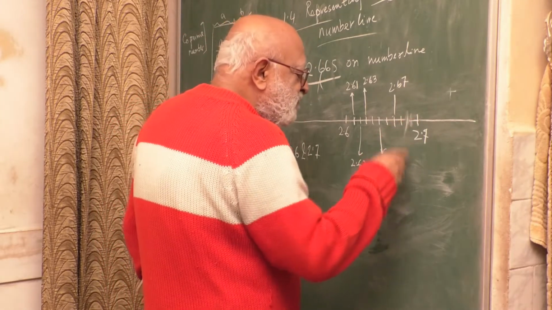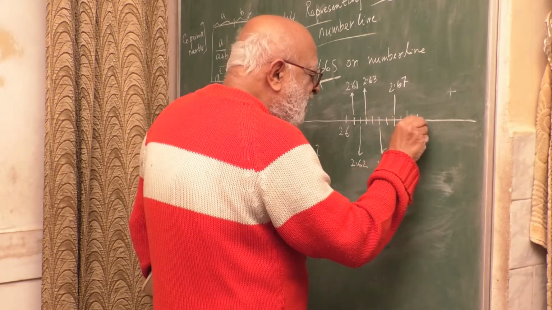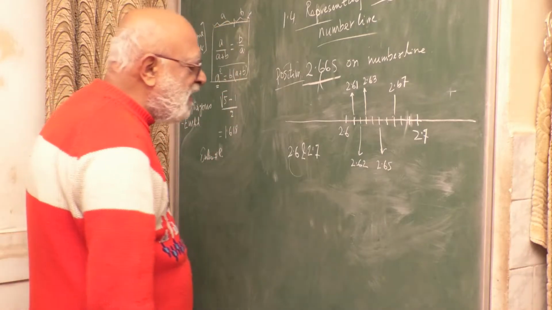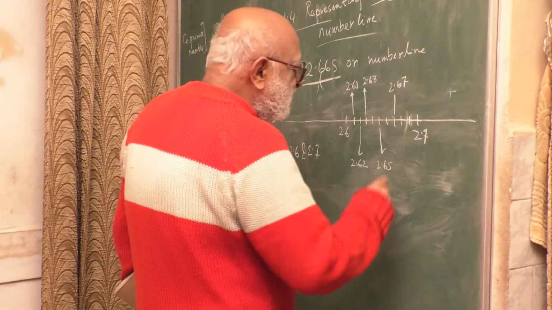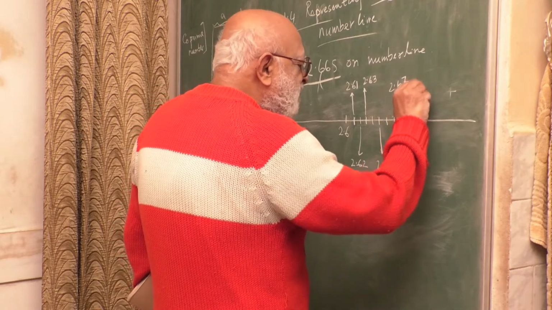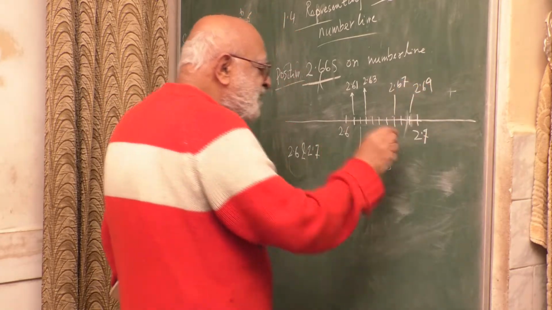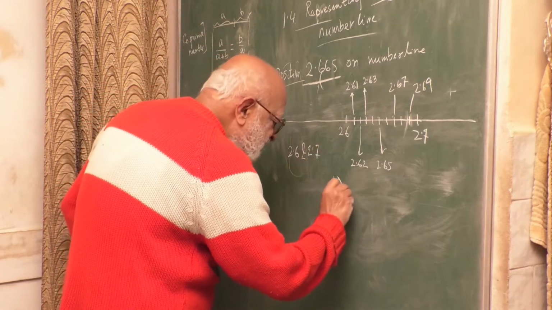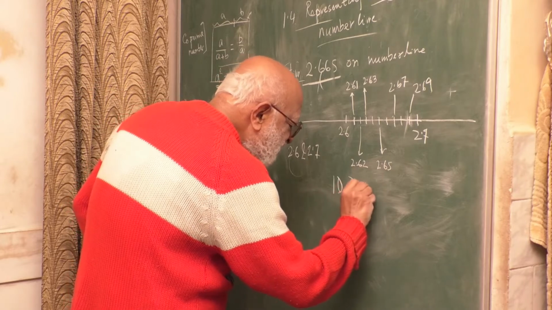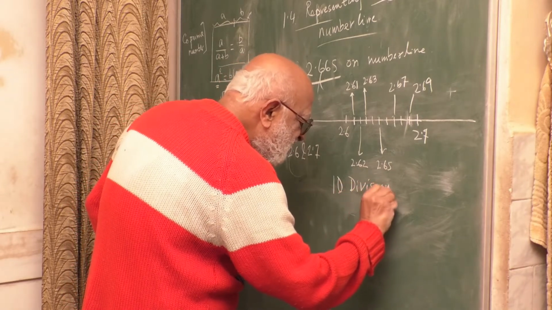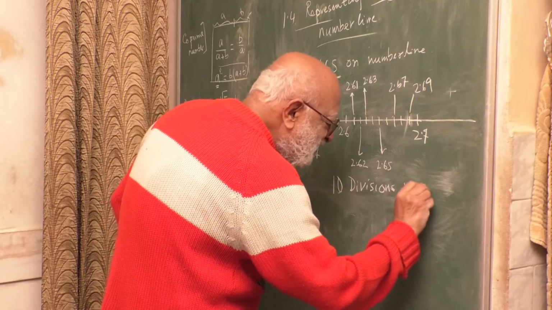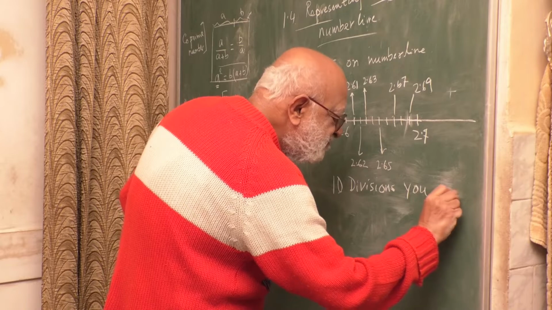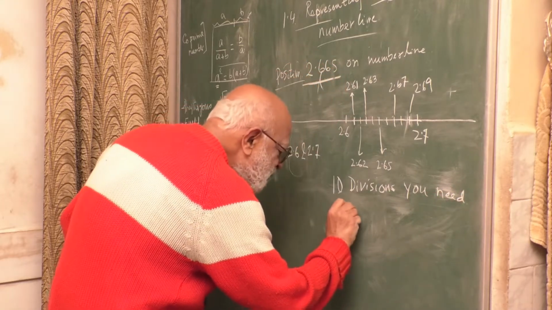So I will move this one a little bit and do it like this. Okay, this was something extra that I have generated. So this is 2.69. So basically, to make it in 10 divisions, you need 9 markings.